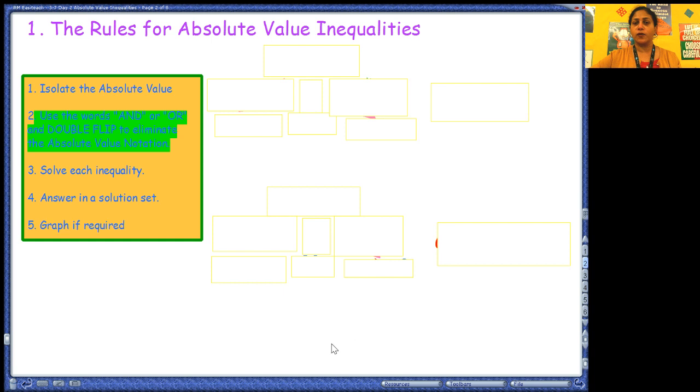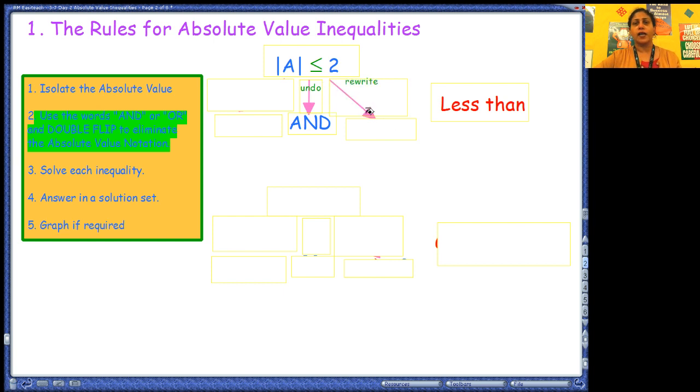So the first thing we're going to learn is how to deal with less than inequalities. If you get an inequality that is less than a number, the first thing you're going to do is look at the sign. If it is less than, we're going to replace it with the word "and." That means we have now undone the absolute value symbol, because that's how we solve any equation or inequality.